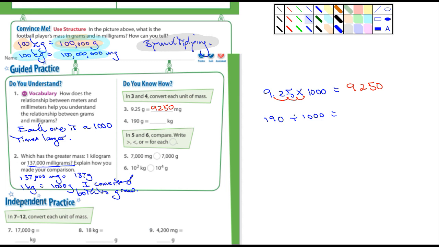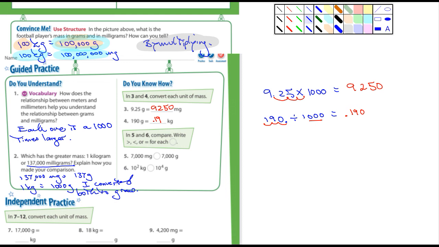Well, where's the decimal in 190? It's right here. How many places do we have to move the decimal? Well, 3 places. 1, 2, 3. So it becomes 0.190, or you could just put 0.19. That would be the same thing.